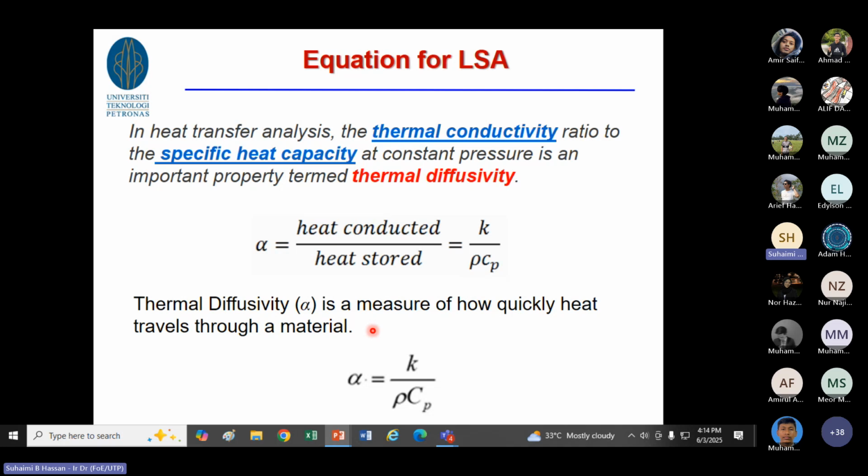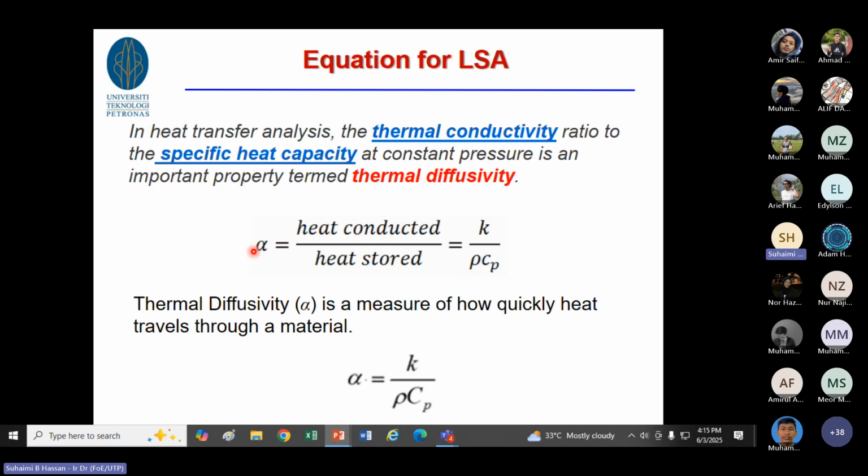Another one is called thermal diffusivity. Last semester in January, this question came out for lumped system analysis. I did not give any values for k and h. I gave the alpha, where alpha is k over rho Cp. One student asked in the final exam, sir, what is the k? Actually k comes from alpha.